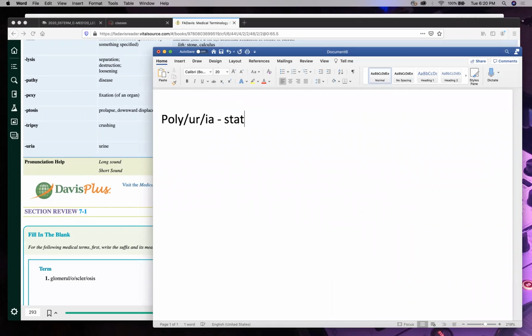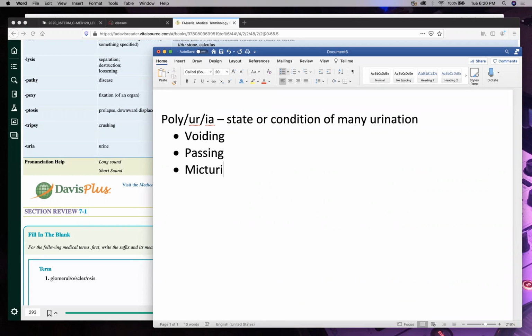Ia, state or condition. Poly, many, and urination. Other words for urination are voiding, passing, and micturition. Those are different words that mean the same thing, which is urination.